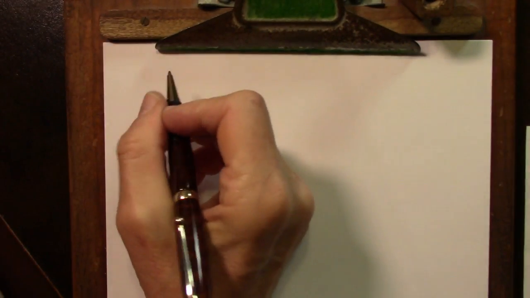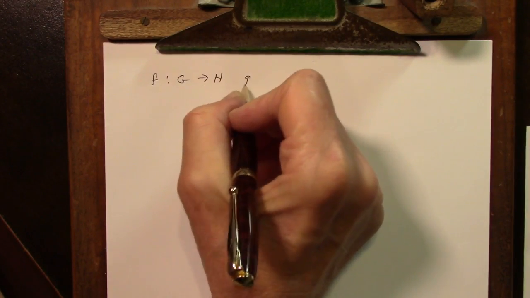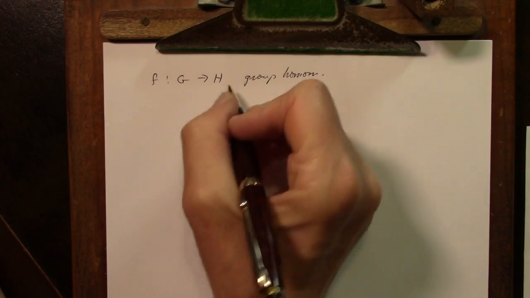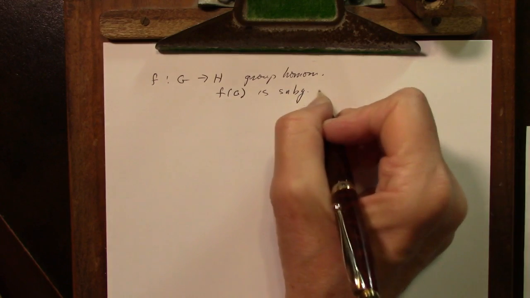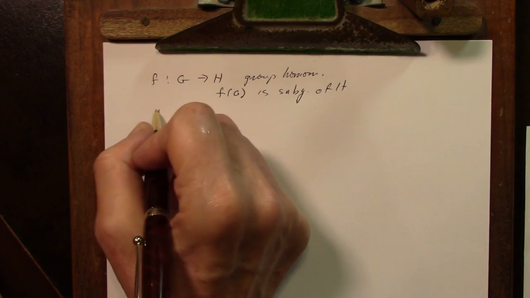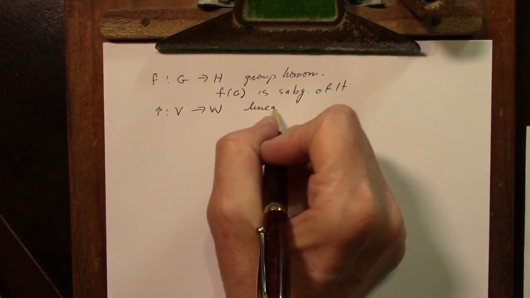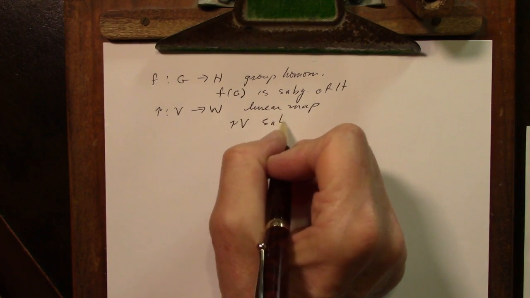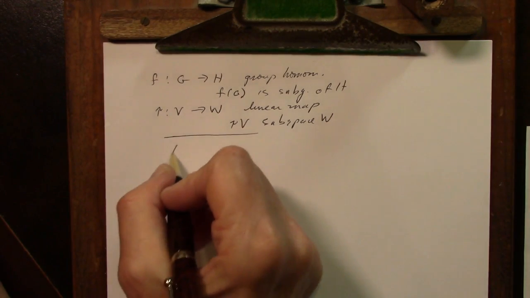One curious thing happens here that we need to discuss. For example, if F is a group homomorphism, then as you know, F of G, the image of G, is a subgroup of H. If, for example, tau is a vector space linear map, then tau of V is a subspace of W. But for categories, it doesn't work that way.